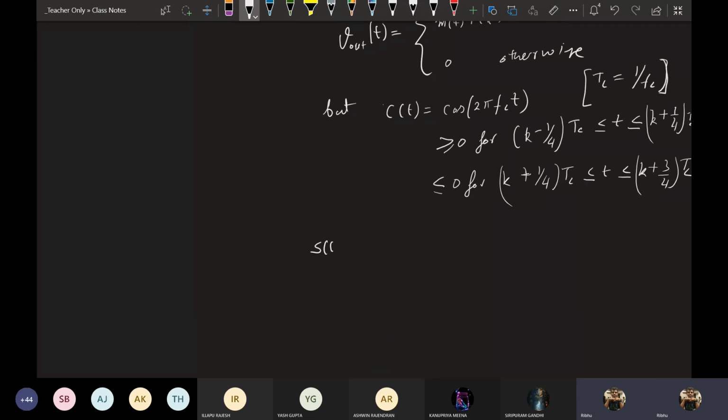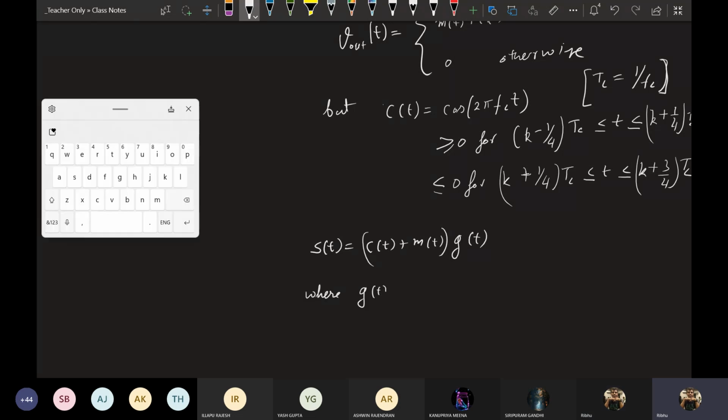which means that s(t) equals (c(t) plus m(t)) times g(t), where g(t) is a periodic signal that is 1 for k minus 1 by 4 times Tc less than or equal to t less than or equal to k plus 1 by 4 times Tc.